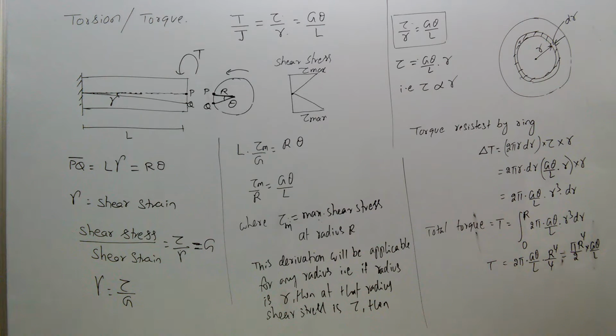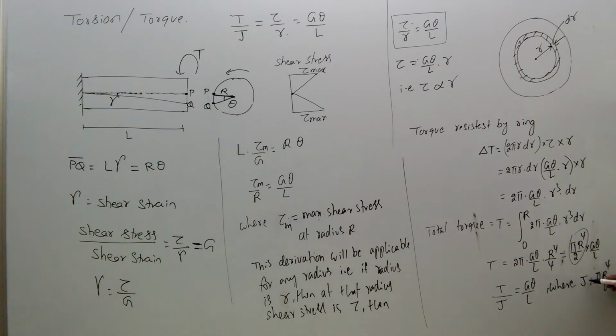This pi r power 4 by 2 is called J. So T by J equals G theta by L, where J equals pi r power 4 by 2.